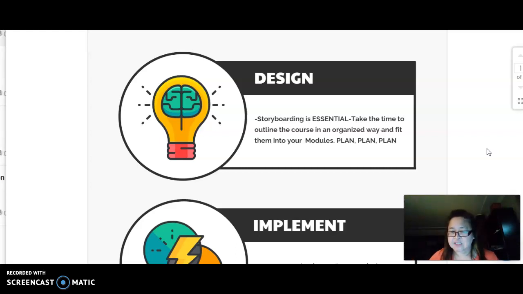You have to take the time at the very beginning to outline your course in an organized way and fit them into what we call little modules. So plan, plan, plan. That is my takeaway for you for design. And storyboarding is how you do it.